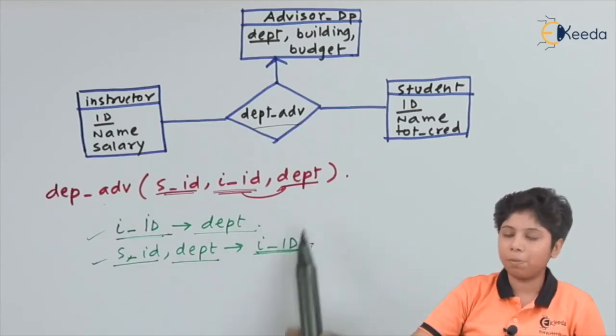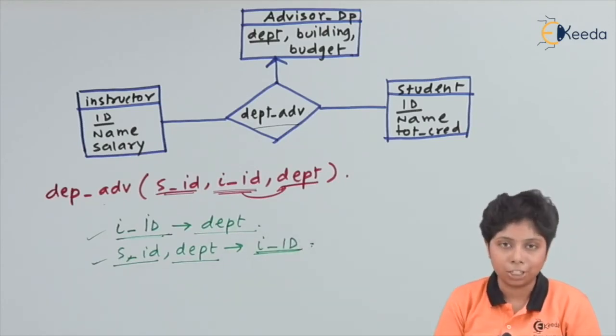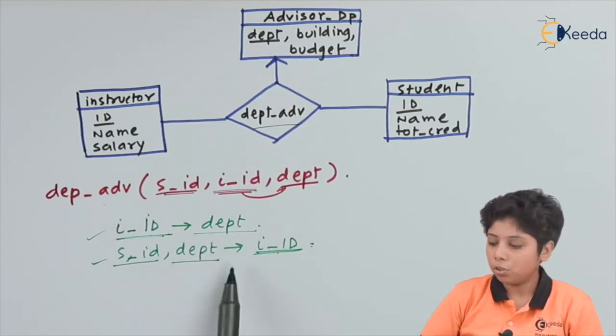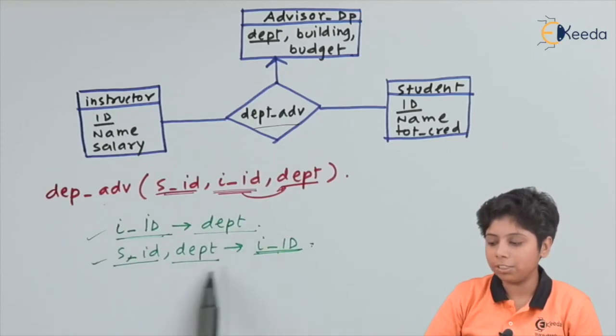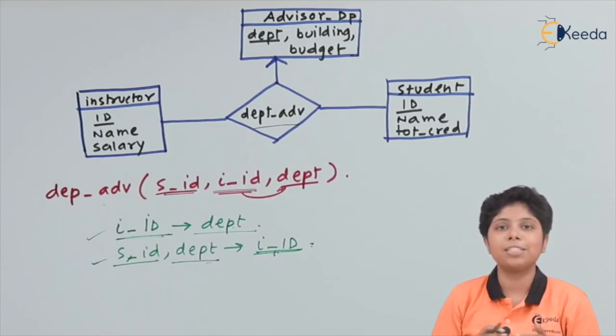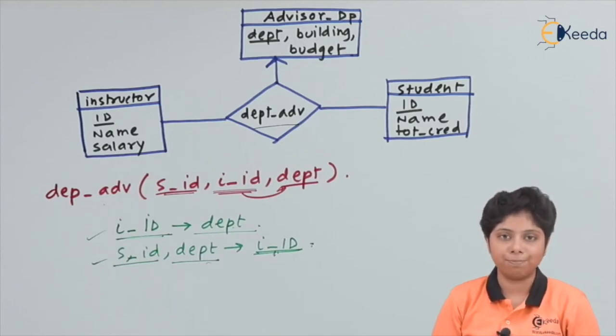These two functional dependencies depend on each other, and both derive from the instructor ID. So we have a relationship that is recursive: from the department we get the instructor ID, and from the instructor ID we get the department, recursive in both ways.